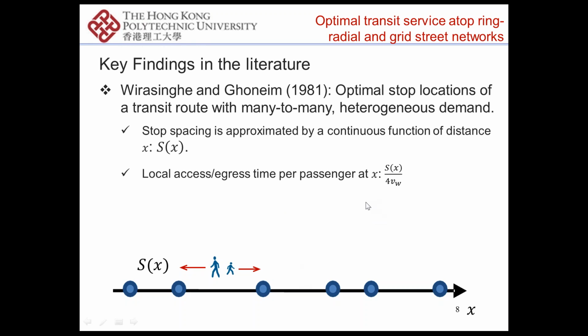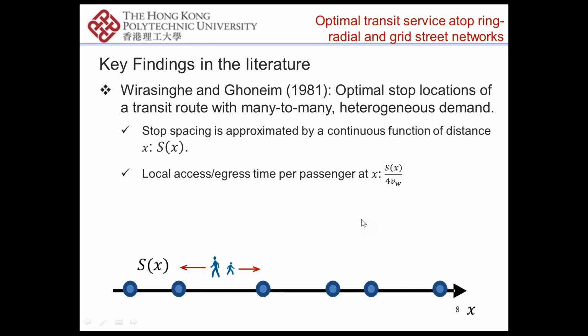So we can imagine that the passenger is going to access the nearest stop, and the passenger could live just at the stop, or live just in the middle point between the two stops. So the average access time is just the local stop spacing s(x) divided by 4 times the walking speed. That's very simple, right?